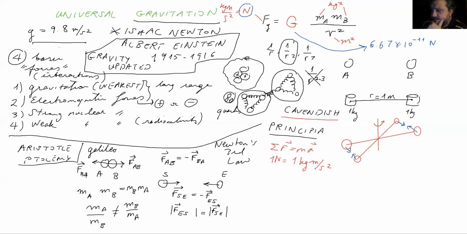You got to get rid of the meter squared, so you put meter squared here, divided by kilogram squared. Okay, so either you use this unit, which is fine, or you plug in kilogram meters per second square for newtons.